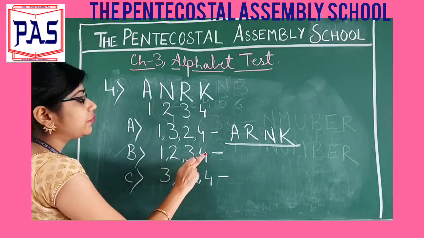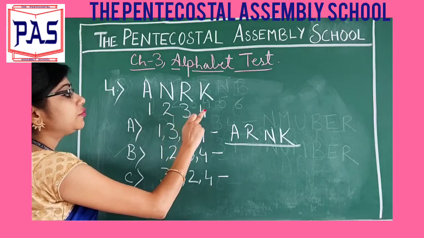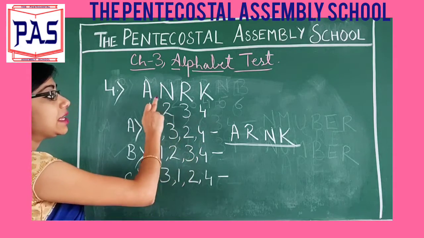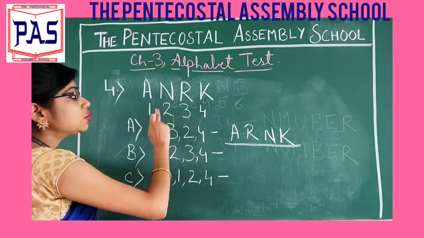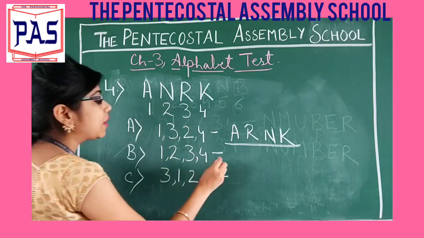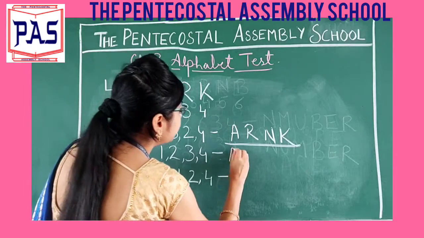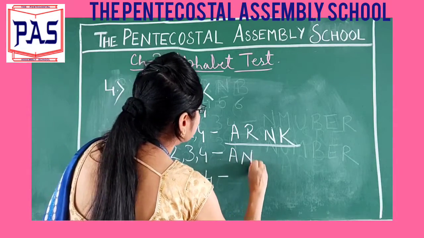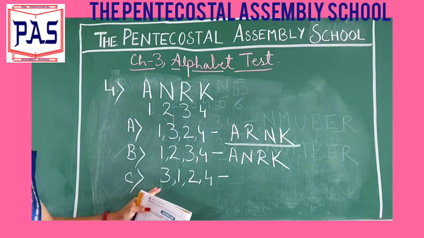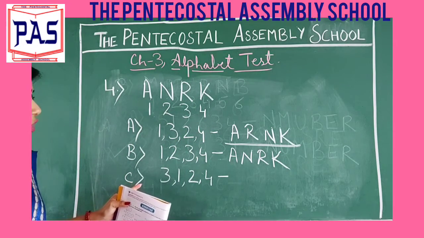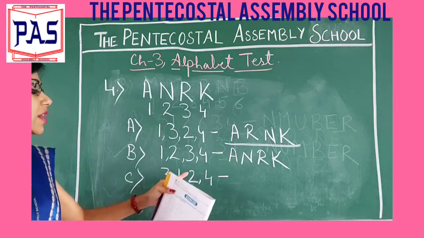1, 2, 3, 4. So children, you can see that these letters cannot make a meaningful word. So I am writing the same letters here as per your question. Let's check out option C. 3, 1, 2, 4.